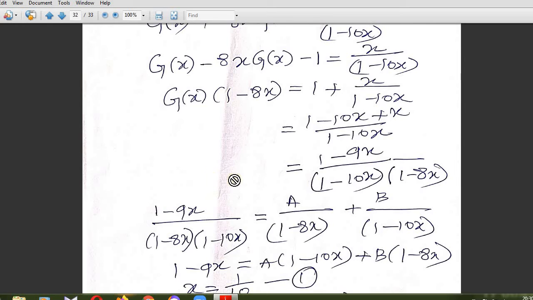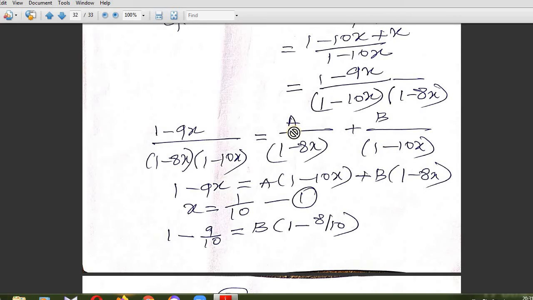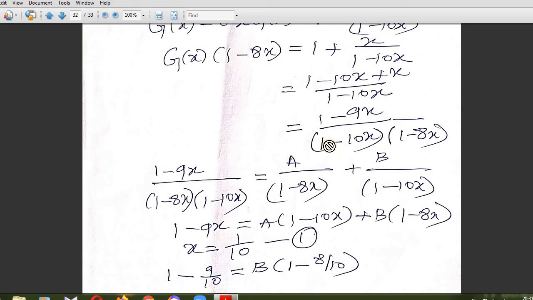So g of x equals 1 minus 9x divided by 1 minus 10x. Bringing this down to this side, you will get 1 minus 8x. So g of x equals 1 minus 9x divided by 1 minus 10x into 1 minus 8x. Now do you see anything here?